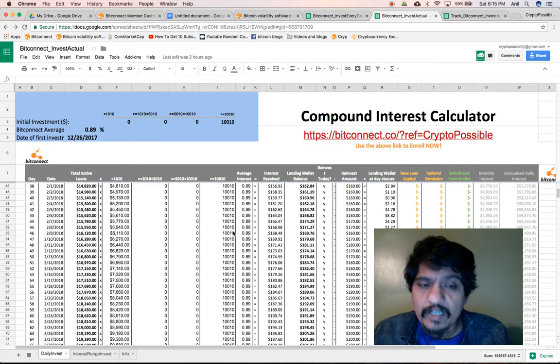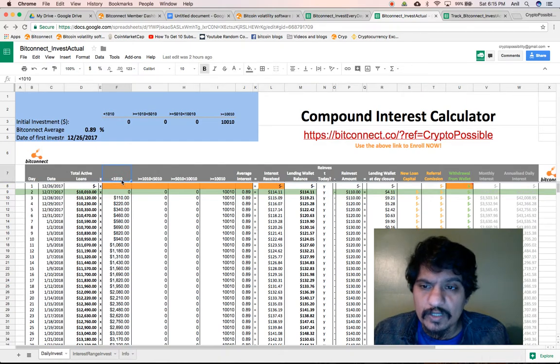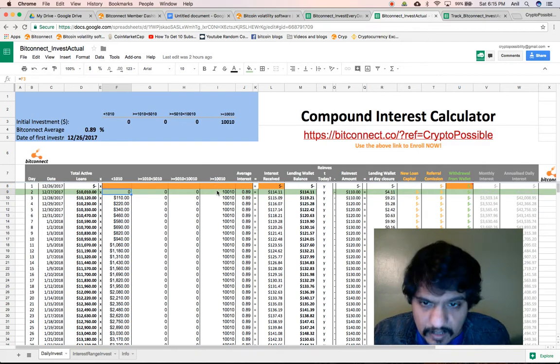Now let me quickly explain how I created this calculator. All I did was create different buckets for each range. Less than 1010 is one bucket, greater than or equal to 1010 and less than 5010 is another bucket, greater than or equal to 5010 and less than 10,010 is one bucket, and greater than or equal to 10,010 and less than 100,000 is another bucket.